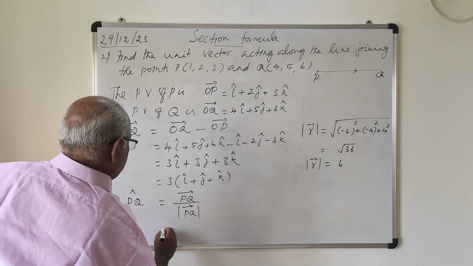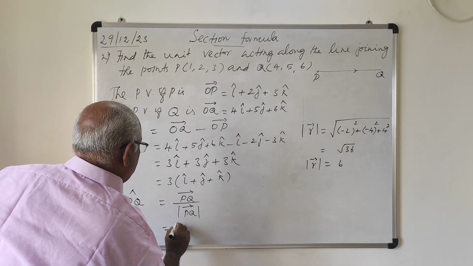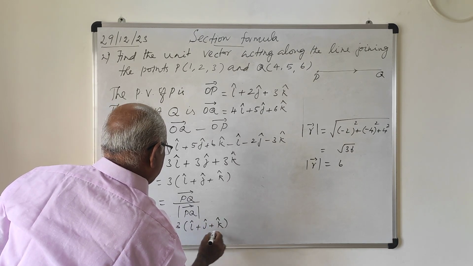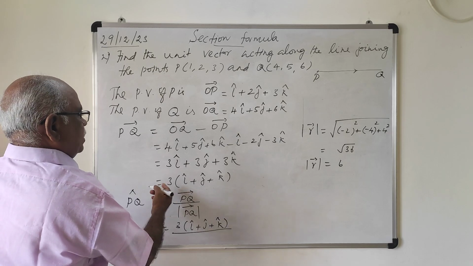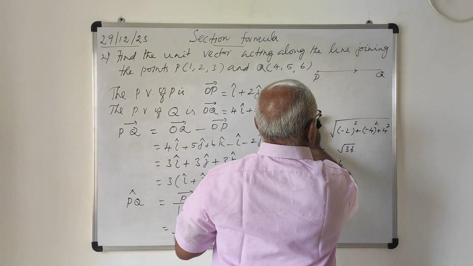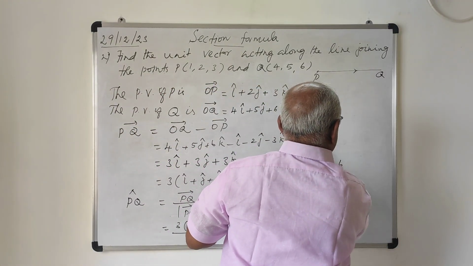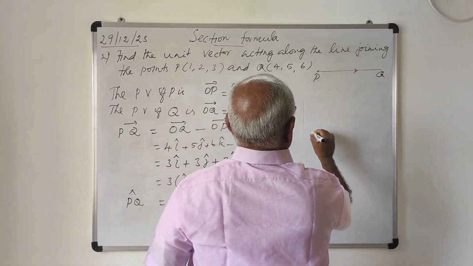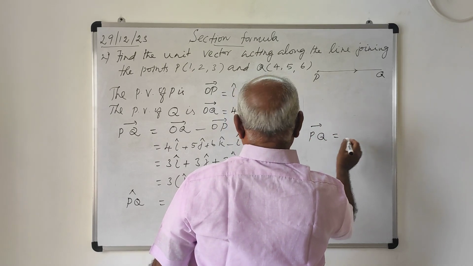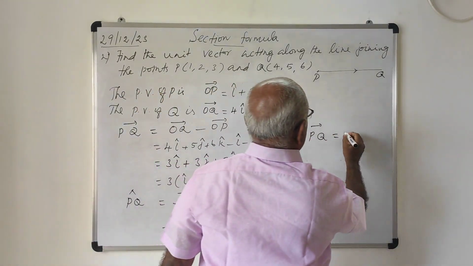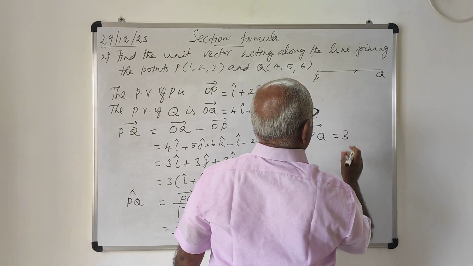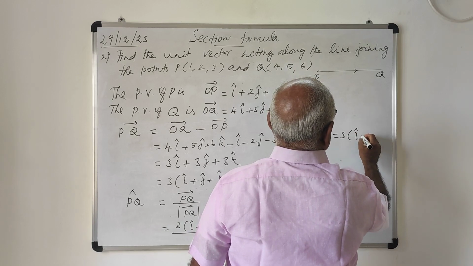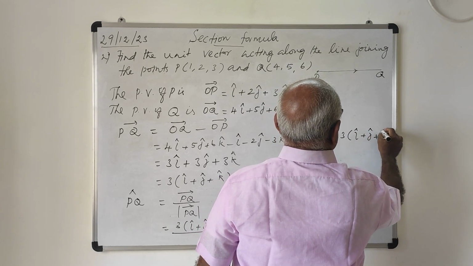Here PQ vector is 3 times i plus j plus k.